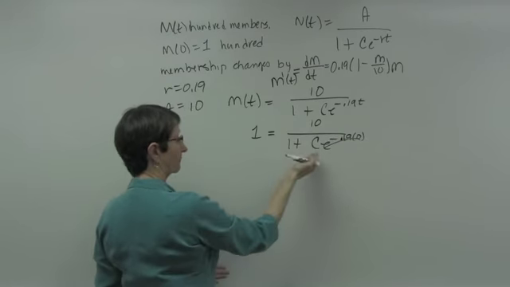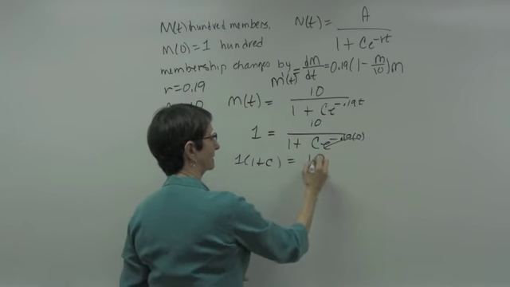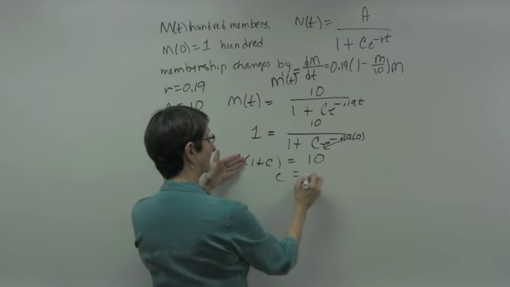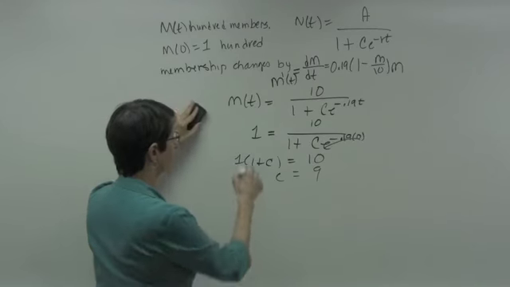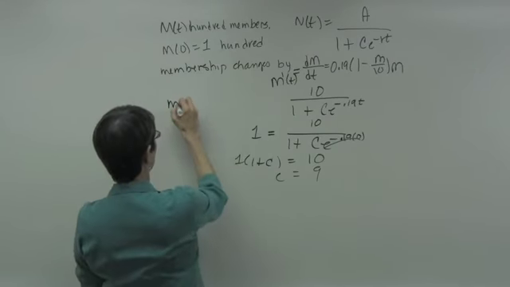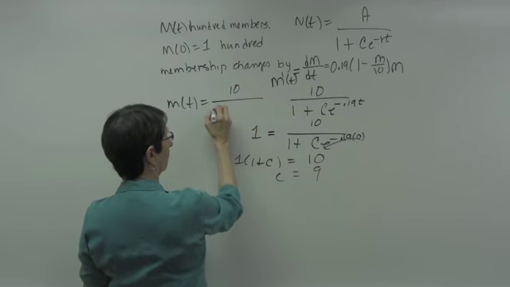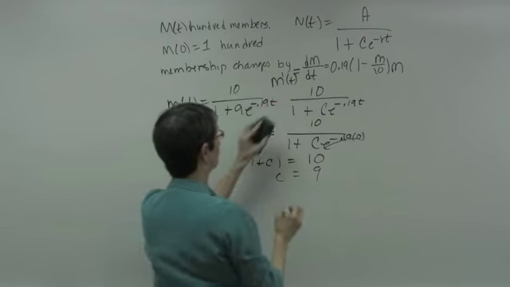So I now have 1 multiplied times 1 plus C equal to 10. If 1 plus C is 10, C is equal to 9. So my formula now: M of t is 10 over 1 plus 9e to the negative 0.19t.